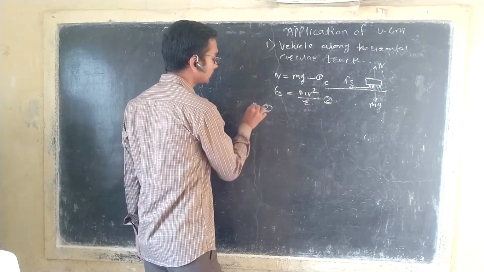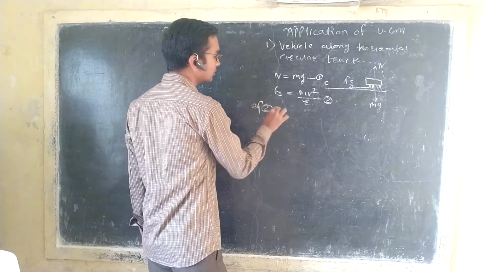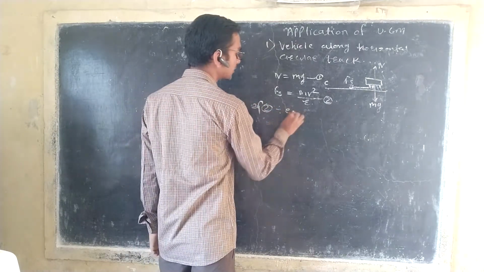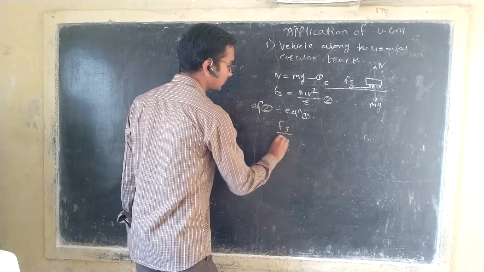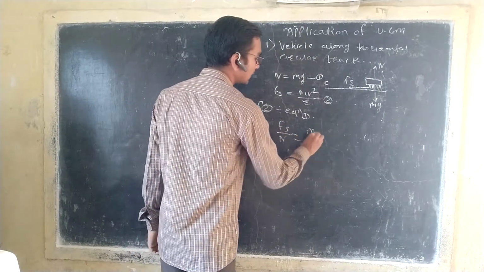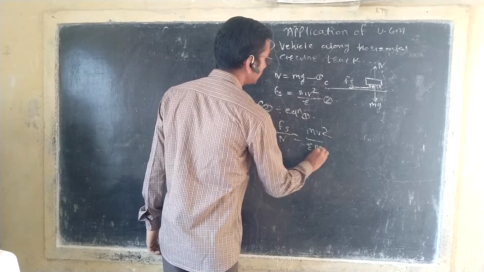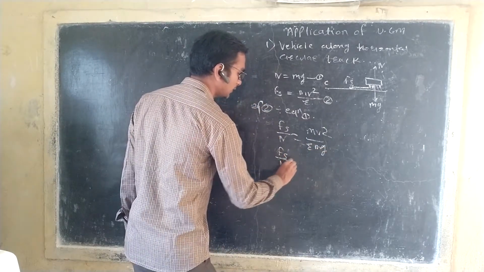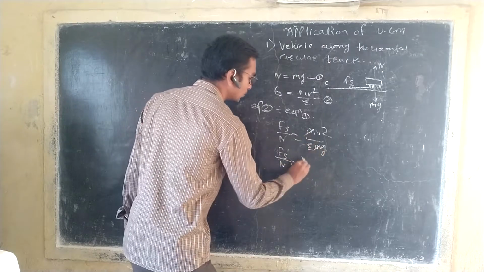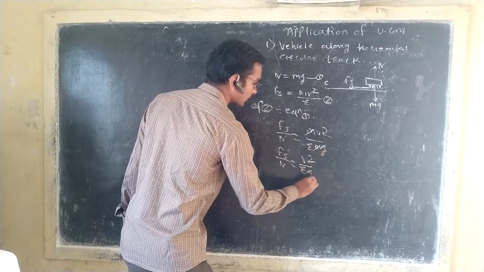Divide equation 2 by equation 1. So we will get Fs upon n equals mv square by r into mg. So Fs upon n equals v square by rg.